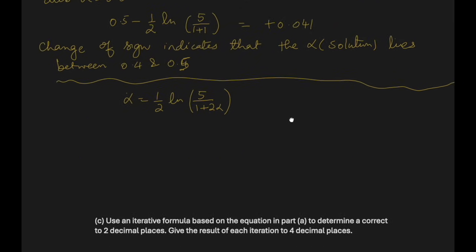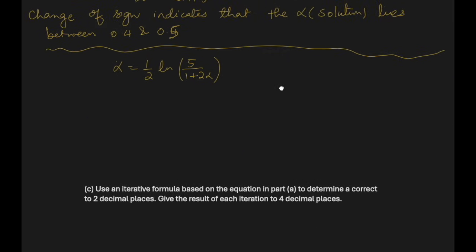Okay, now we have to iterate. So our values were from 0.4 to 0.5, somewhere in between, correct? So which number is exactly between these two? 0.45. So I'll take alpha 1 equal to 0.45. So this iterative formula will be alpha n plus 1.